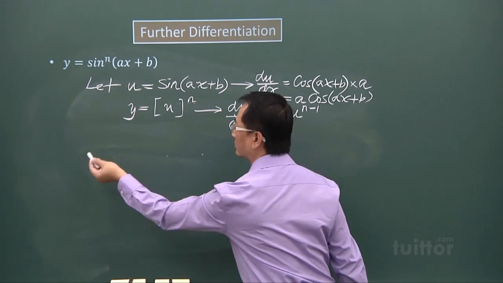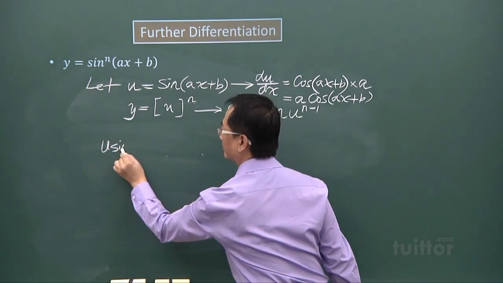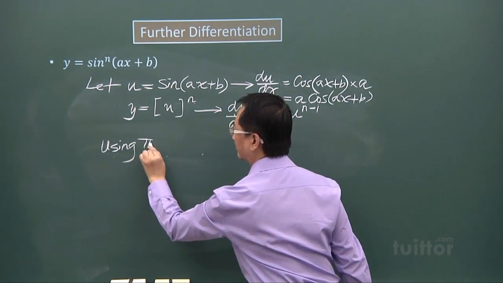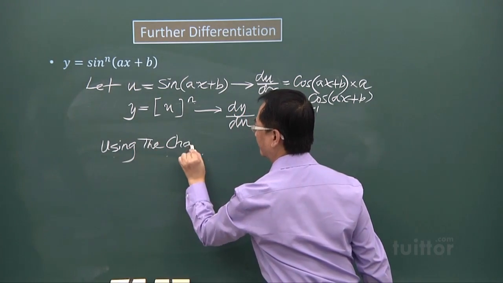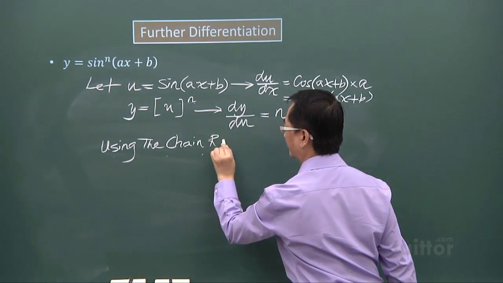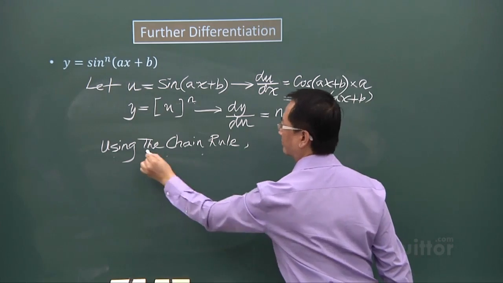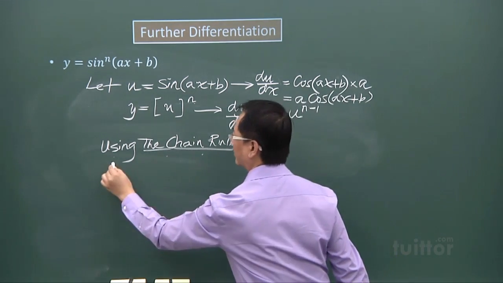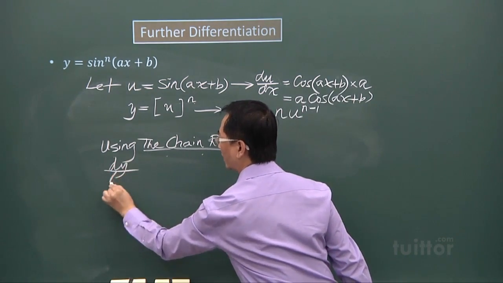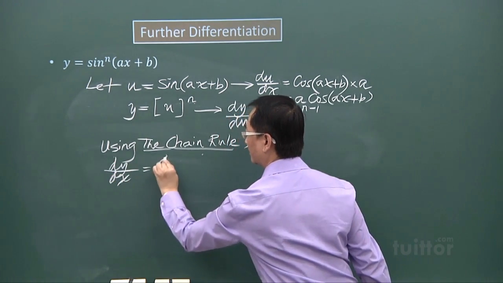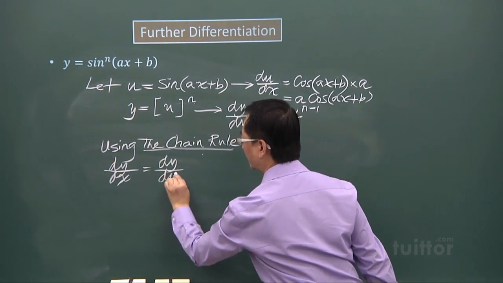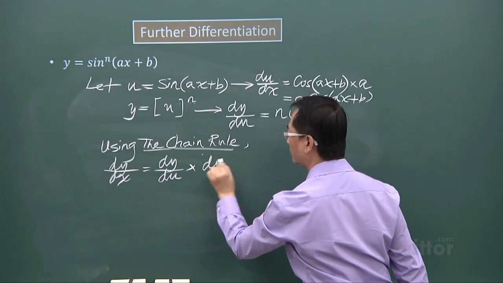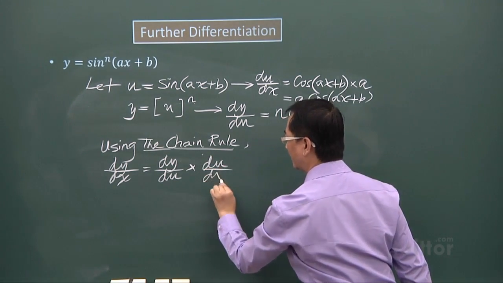Using the chain rule, dy over dx is dy over du times du over dx.